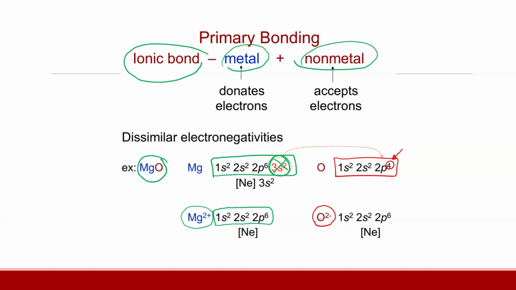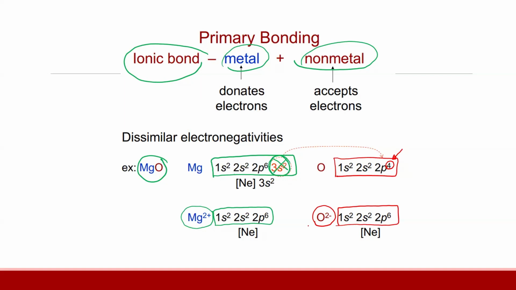Why 2 negative? It has 2 additional electrons. Magnesium gave 2 electrons away, so it is positively charged. But oxygen is taking 2 electrons, so it is negatively charged, and the electron configuration would be like this. So both the magnesium ion and the oxygen ion now have an inert gas electron configuration.